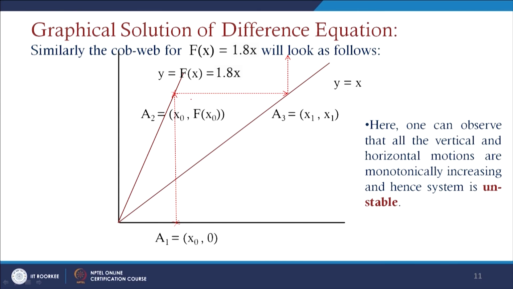Then we plot the perpendicular line along the line y equals x, and again if you take this line, it goes outwards, away from the origin. Hence we do not have a stable condition here. This means that we are not moving towards the origin or the critical point; it is going outwards. Hence we can conclude that all the vertical and horizontal motions are monotonically increasing, hence the system is unstable here.